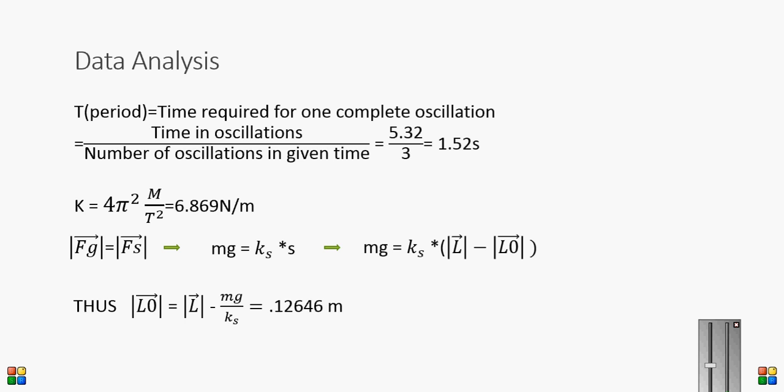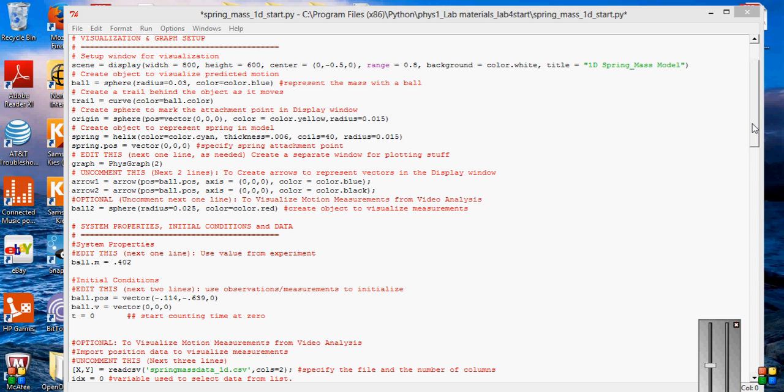And to solve for the spring stiffness, we needed to input the period into that formula and got a result. So we know at static equilibrium that the force of gravity will equal the spring force. So at static equilibrium, L was equal to 0.7 meters. So we simply inputted our data and solved for L naught.